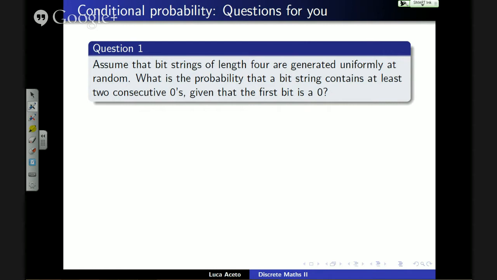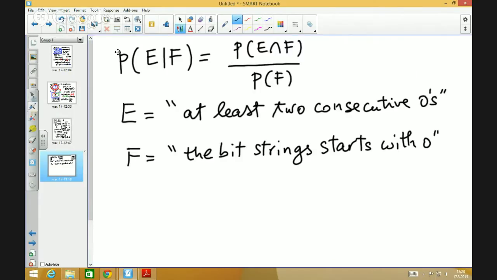Okay, so let's try to do that using, okay, now we are in business because we can start calculating. And we can use this formula to calculate the conditional probability that we get at least 2 zeros in a row in our string, given that somebody told us that the bit string starts with a 0.